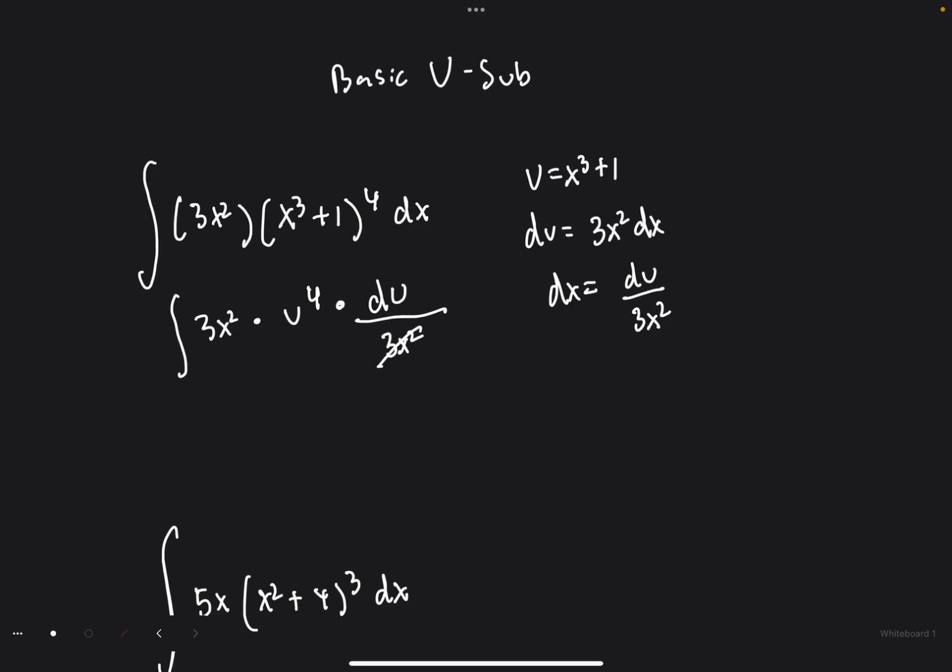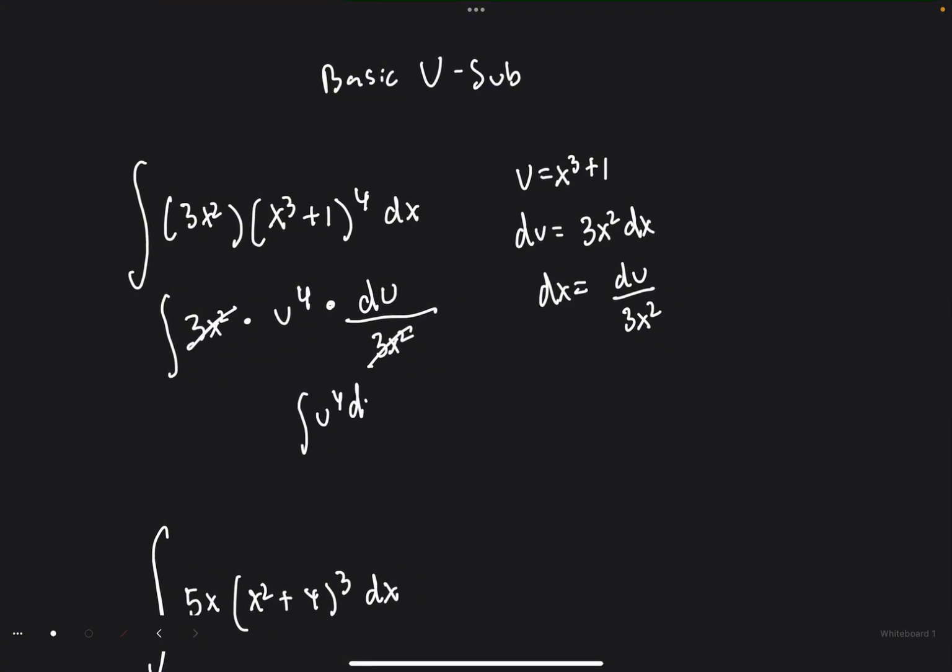As we've stated before, those cancel, and we're left with the integral as u to the fourth du. And now all we have to do is do the antiderivative. So u to the fifth over 5 plus c, since it's not a definite integral, it's indefinite.